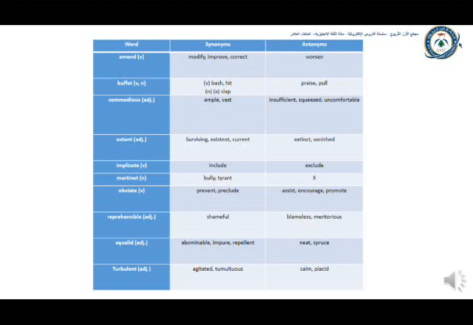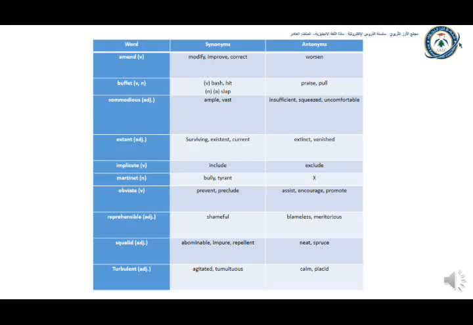The synonym of implicate is include. The antonym is exclude. Martinet is a noun. It means bully or tyrant. Obviate is a verb. Its synonyms are prevent or preclude, and its antonyms are assist, encourage, or promote.